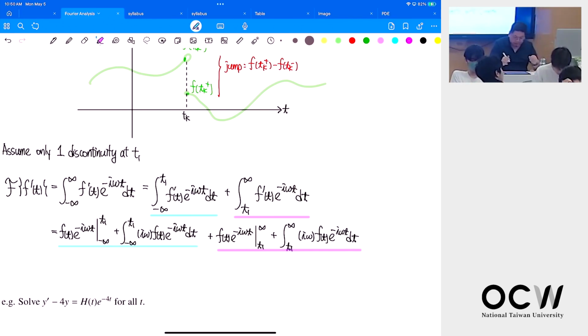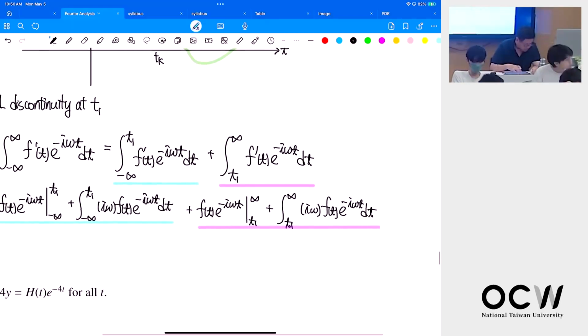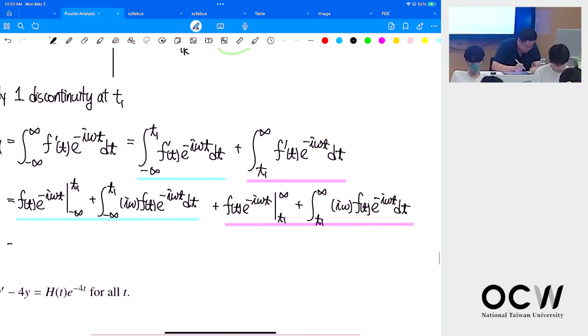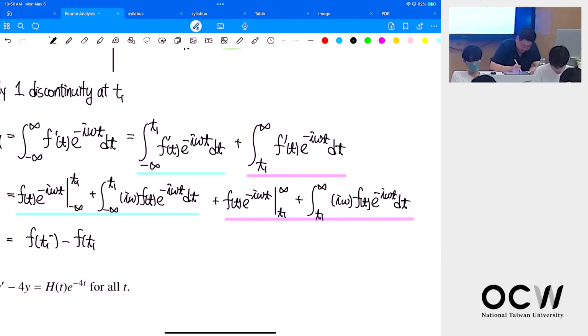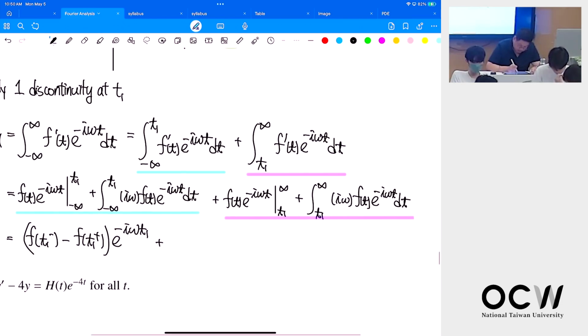So I can combine it: f of t1 to the left minus f of t1 to the right overall, times the exponential, and then the rest I have i omega doing the integration.